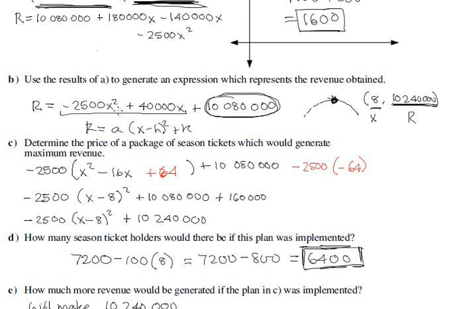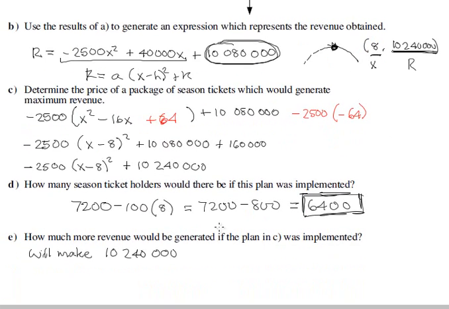This is what happens if x is 0, meaning this is what happens if we don't change anything. We'll make 10,080,000. So the status quo amount, the amount if we don't do anything differently, is 10,080,000. Subtract those, and you find $160,000 is the difference you can make by tweaking your prices.